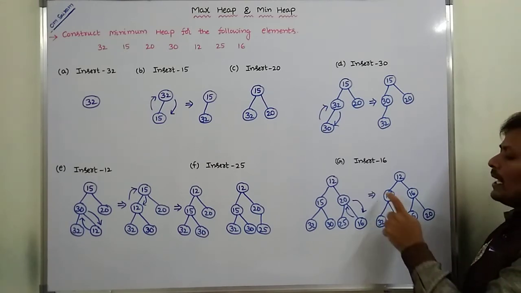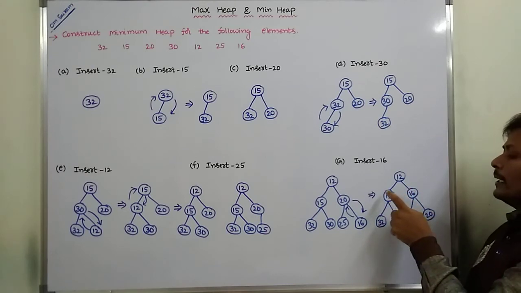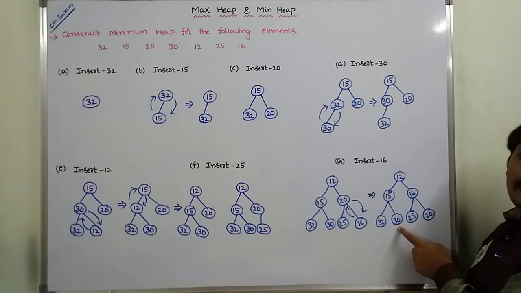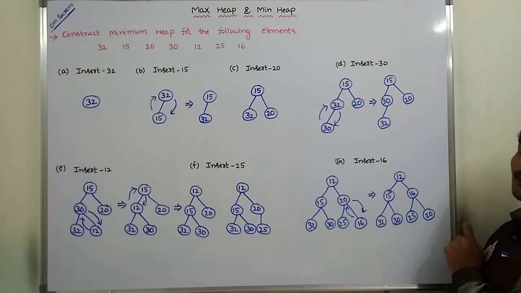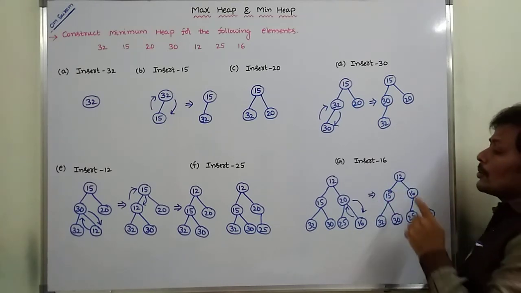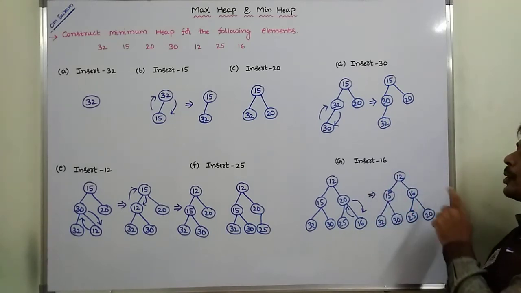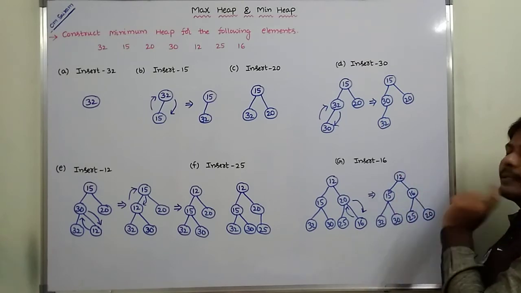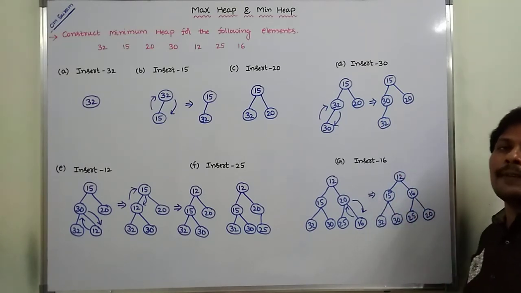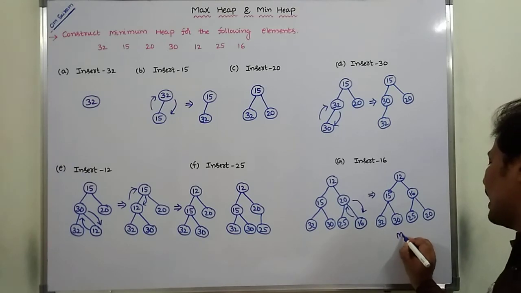Now 15 is less than 32 and 15 is less than 30, it satisfies the property. 15 and 16 have the parent 12. So 12 is less than 15 and 12 is less than 16, it satisfies the property. All the nodes satisfy the minimum heap property. Now this is the minimum heap.